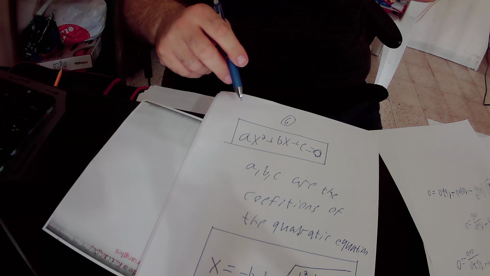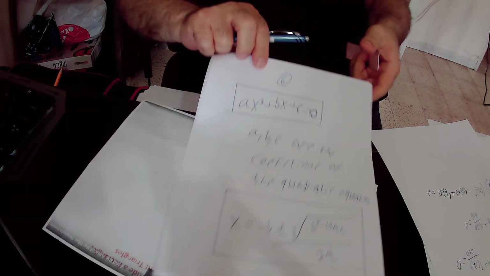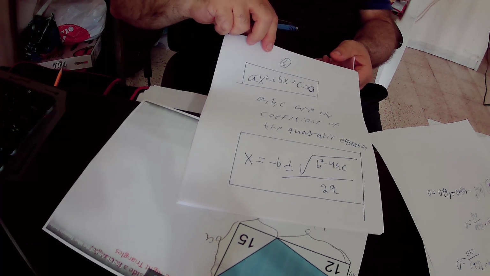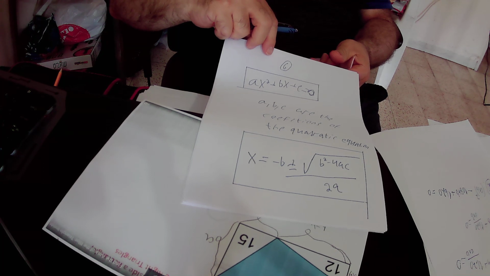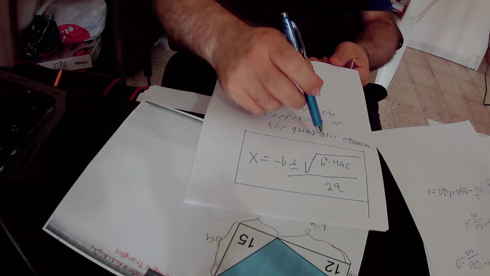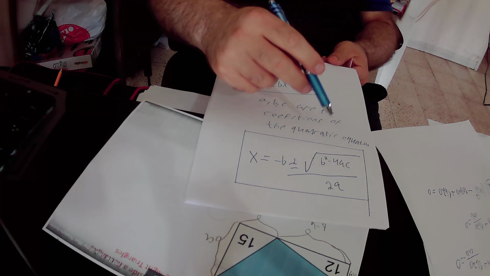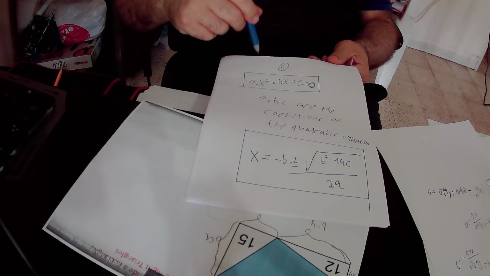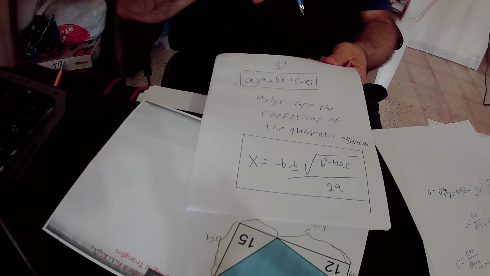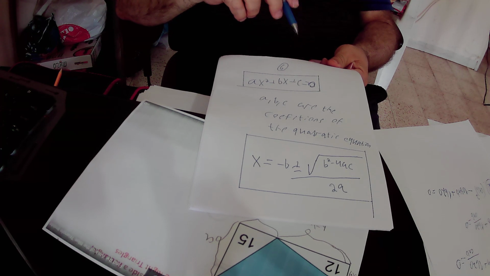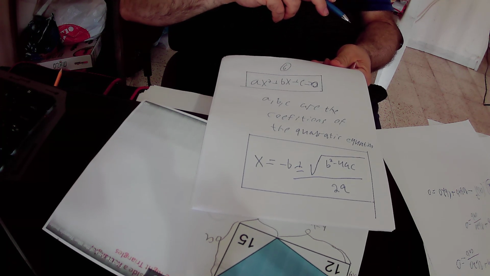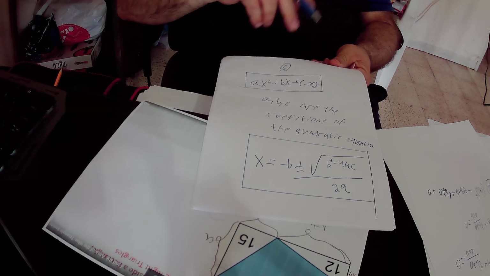And in order to find x, we have a special equation that will help us in order to find the variable x. And in this equation, as I already told you, a, b, and c are the coefficients of this general quadratic equation. So we will implement what we learned now in our quadratic equation.